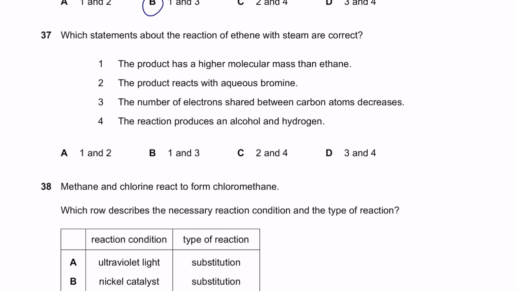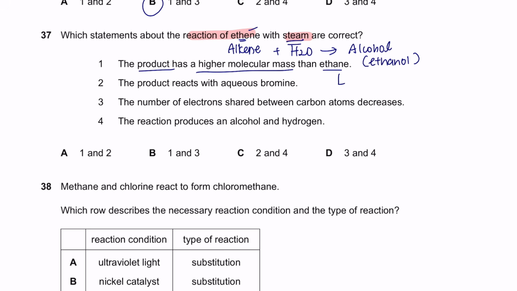Next, question 37. Which statements about the reaction of ethene with steam are correct? The homologous series of ethene is an alkene. When reacted with water, it will form an alcohol. The alcohol would be ethanol since we are using ethene. Statement 1 says that the product has a higher molecular mass than ethane.